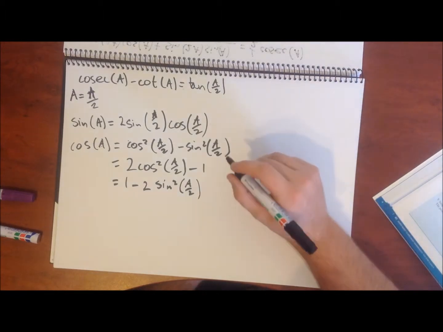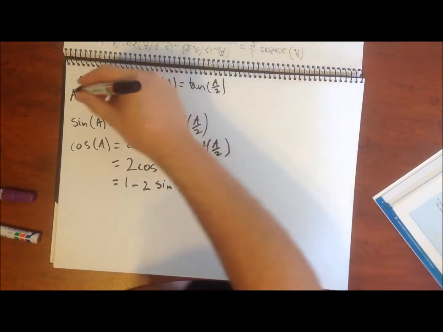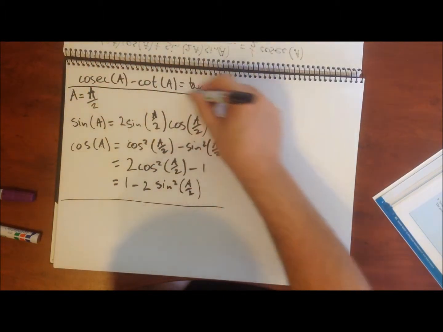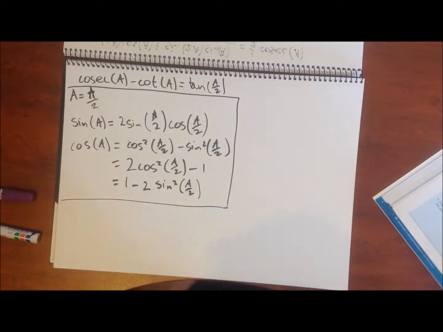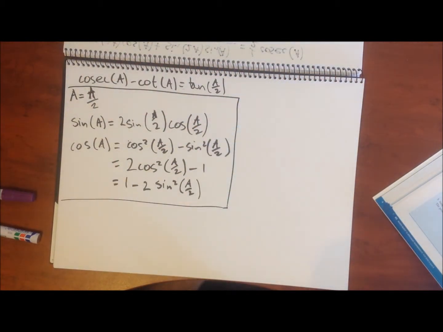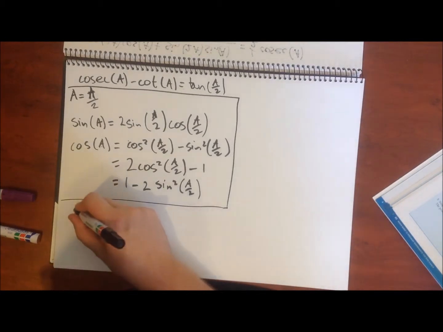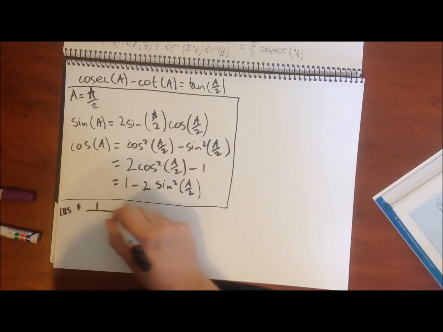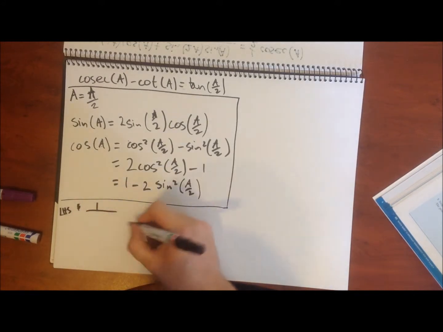So what we need to do is let's look at our left hand side again. We're going to look back at this worked example now. We look at our left hand side, our cosec of a, we can write that as 1 over sine of a.